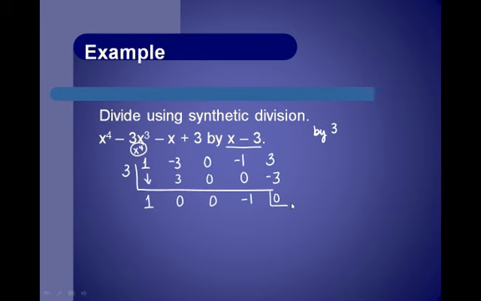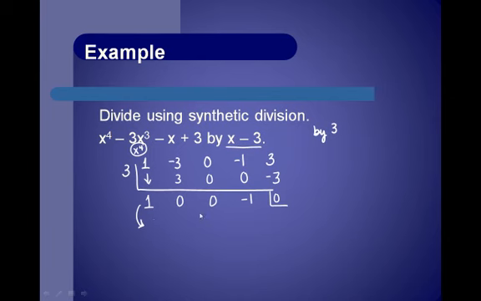If the remainder is 0, that means x minus 3 divides evenly into that polynomial, which means x minus 3 is a factor of x to the fourth minus 3x to the third minus x plus 3. Now because this one says divide, we need to give our quotient.